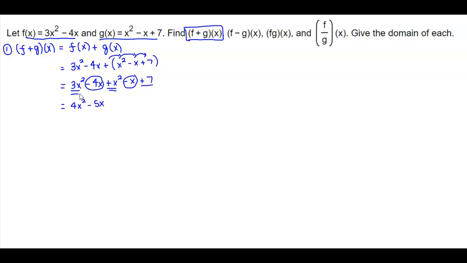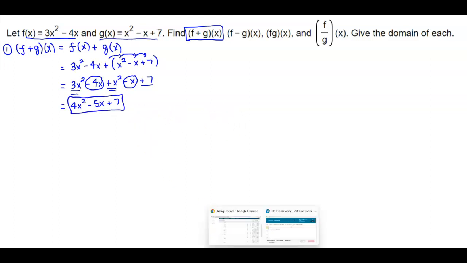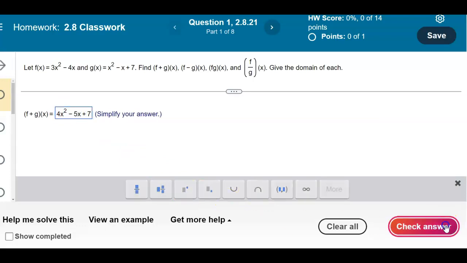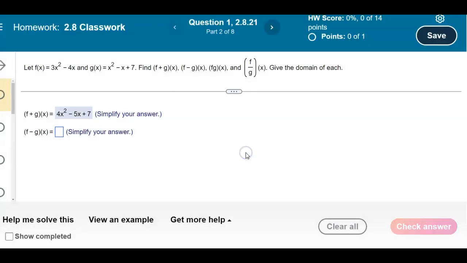And then we have plus 7. So that is the result of the first one: 4x squared minus 5x plus 7. Let's check our answer, and there's our result.